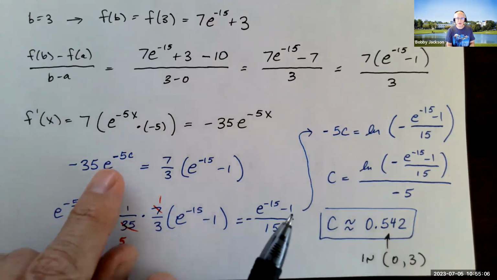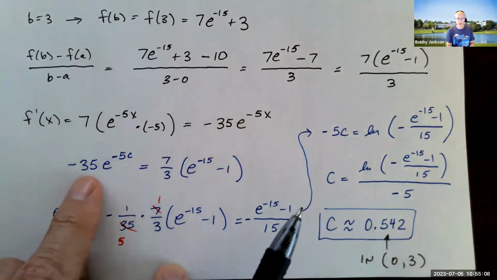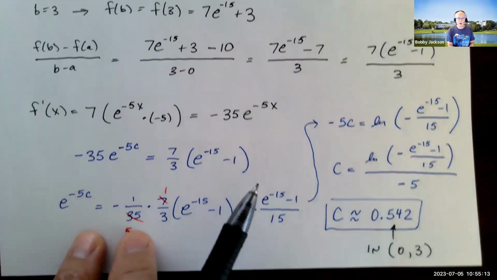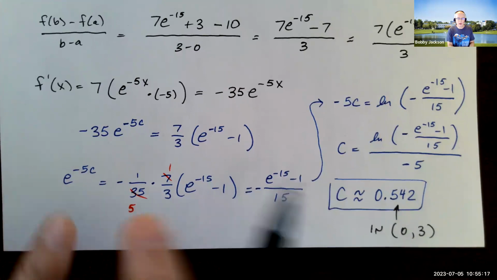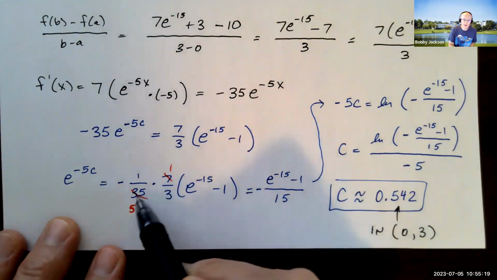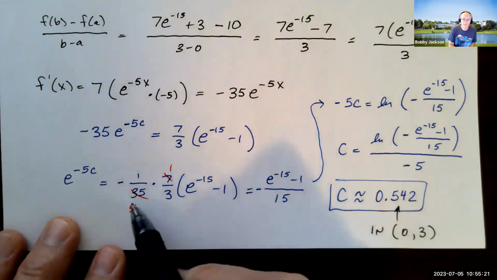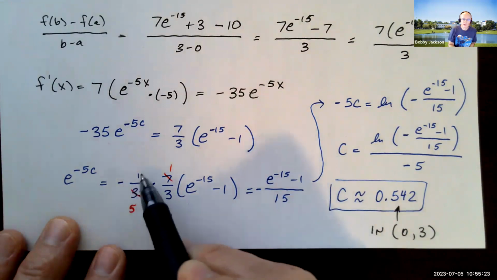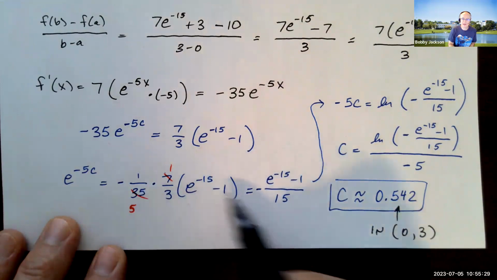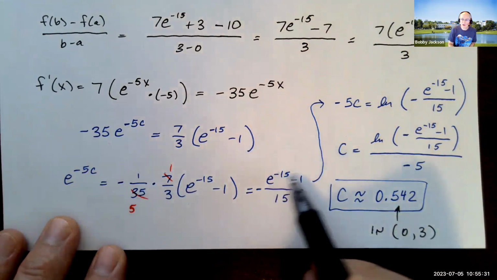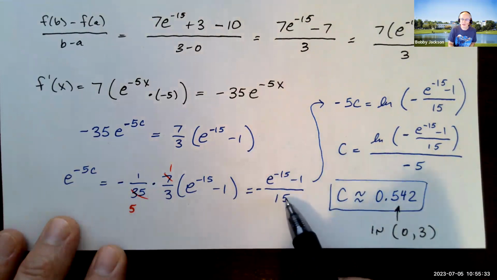So the way to solve now for C is, first of all, divide by negative 35, or multiply by negative 1 over 35, right? So that will give us a coefficient of 1 over here. And I can do some simplifying. 7 goes into 35 5 times. And so I have negative 1/5 times 1/3, which is negative 1/15 times this, or negative all this stuff divided by 15.